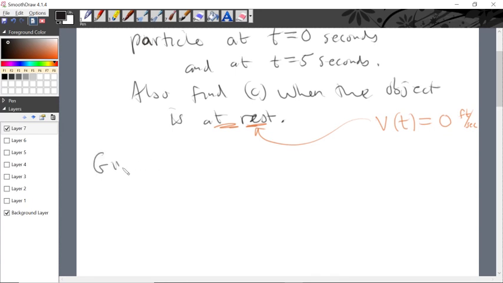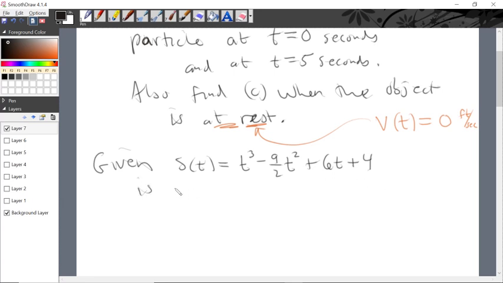Okay? And I'll give you a position function. Given the position function s of t equals t cubed minus 9/2 t squared plus 6t plus 4. Okay?